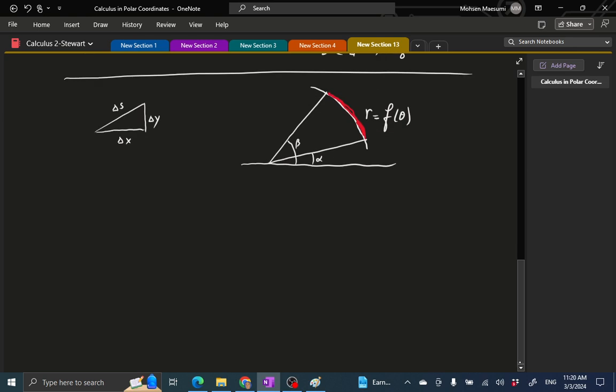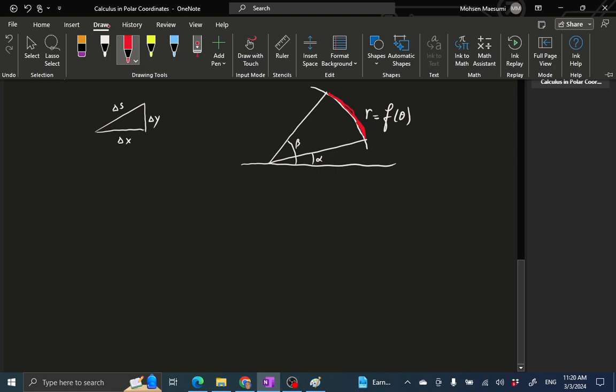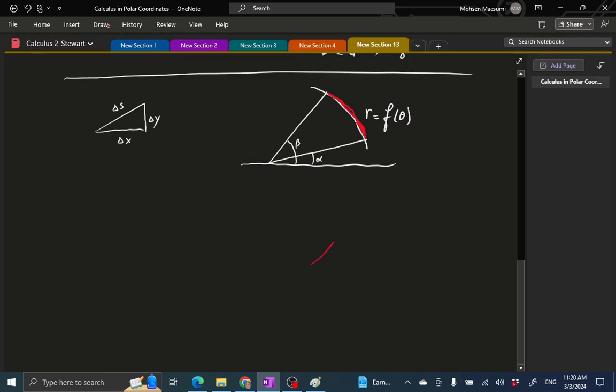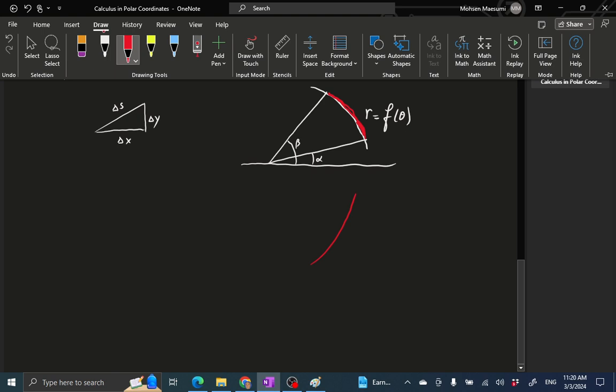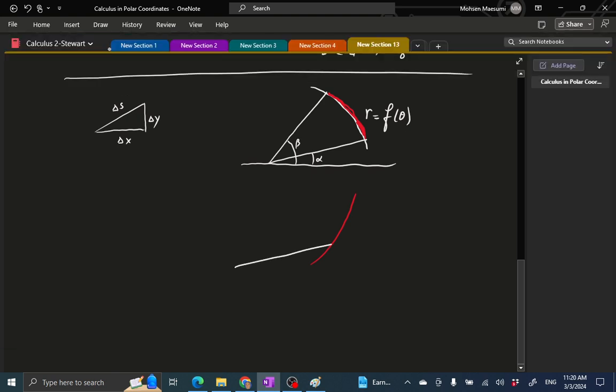Now let me go ahead and exaggerate the slope a little bit so that we have a better view of what is happening. So suppose I have a curve, let's say like this, so that we concentrate on a little bit of this curve.